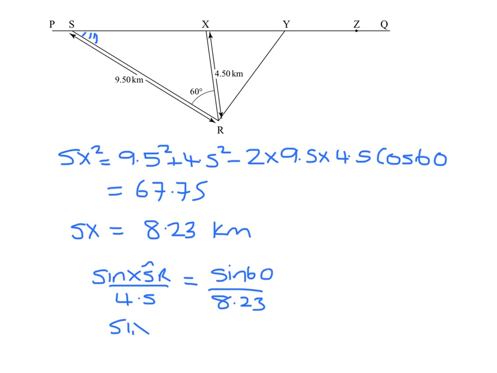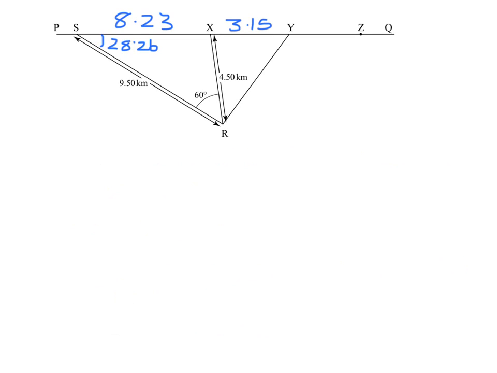So the sine of XSR will be 4.5 sine 60 divided by 8.23, 0.47, and that gives us an angle using shift sine of 28.26 degrees.